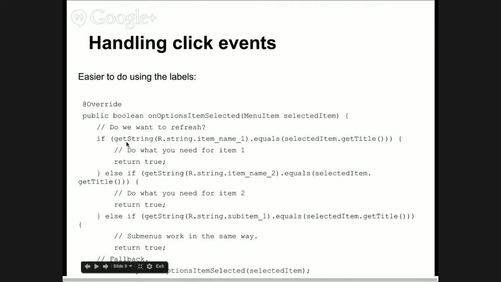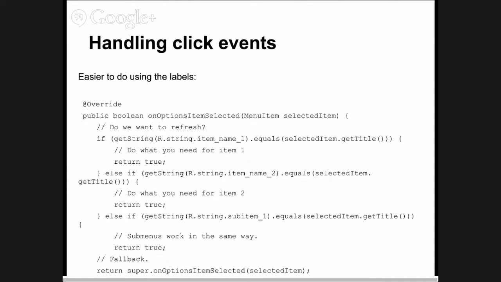Okay, so here I'm getting the string that I used as title 1, and I'm comparing with item 1. Okay, I compare what you clicked with the string I used for item 1, and if so, then I process the click on item 1, and so on and so forth. So if you do menus programmatically, that's how I do it.